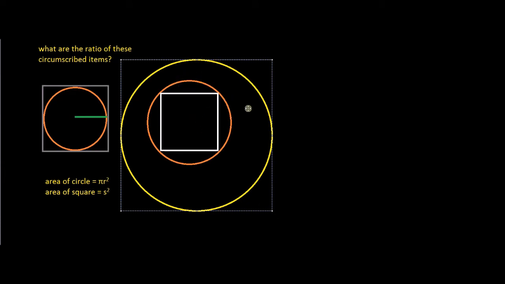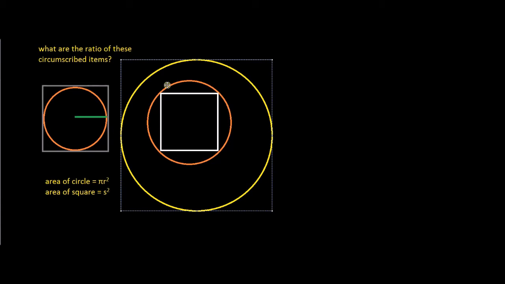But this really doesn't do us any good as far as being able to easily understand some of these ratios, because this circle can be infinitely big, but it can only have a minimum size, because once you get a circle that passes through the square, then it's no longer circumscribing it anymore.